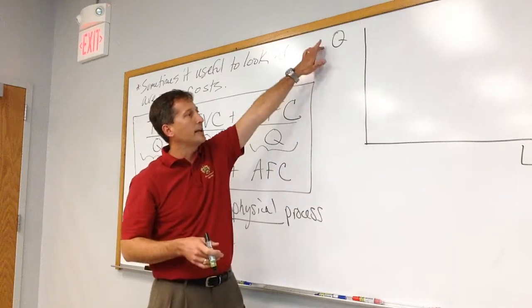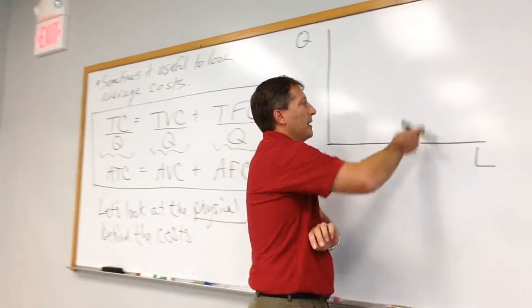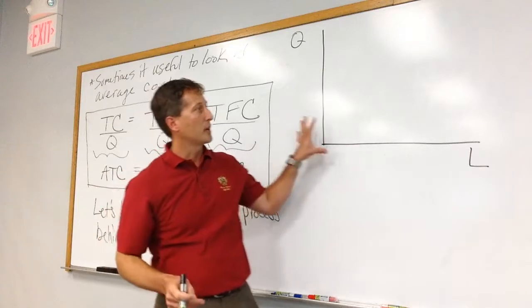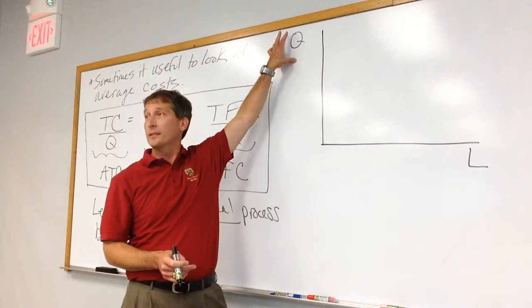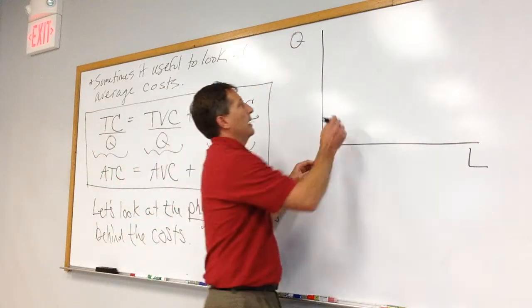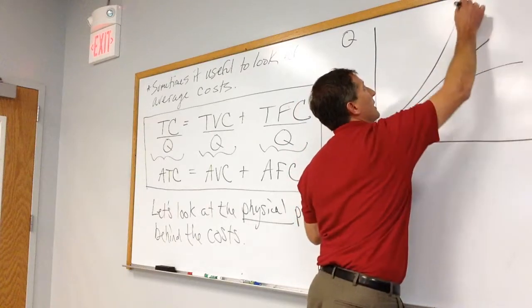So we've got the quantity of that going on. As I add more and more people to the production process, what happens to my quantity of product? Does it go up, down? It goes up, right? Do you expect that relationship to look like A, B, or C?